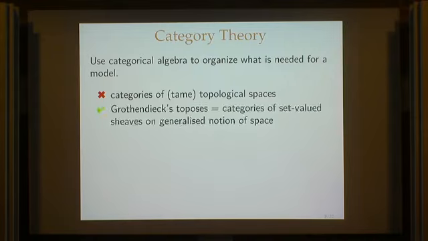So that was partly why Grothendieck generalised the notion of topological space, for a variety of purposes in algebraic topology and algebraic geometry. But the fact is that his notion of space, so you take your topological space and you replace it by its category of set-valued sheaves, and then you note that this category has certain exactness properties, which is all you need to know.